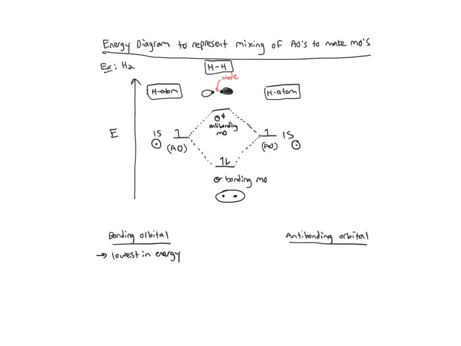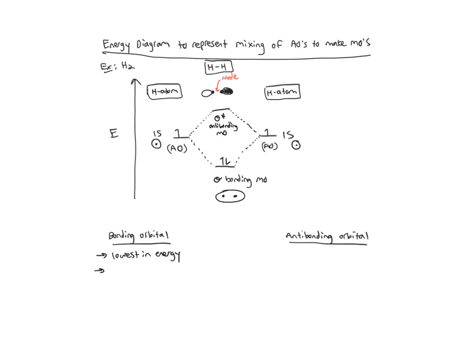Right now we're just dealing with one bonding and one antibonding orbital. Later we'll be dealing with multiple bonding and antibonding orbitals, so it's not always just one and one. It depends on how many atomic orbitals you're actually combining together. The bonding molecular orbitals in general are lower in energy than any antibonding molecular orbitals. In this case, we just have the one bonding molecular orbital, which is lowest in energy.